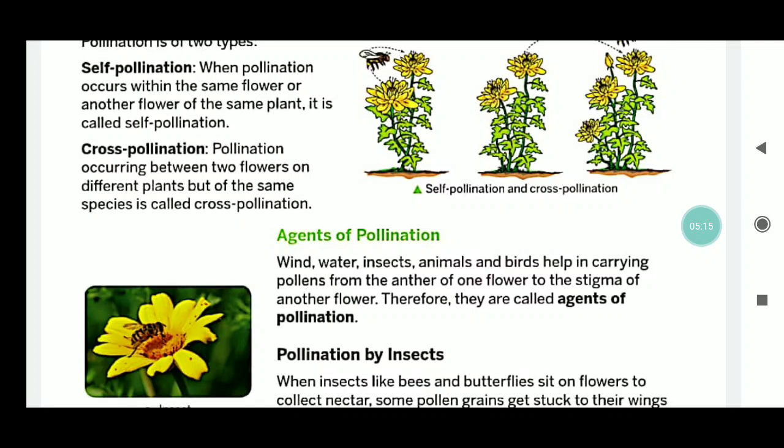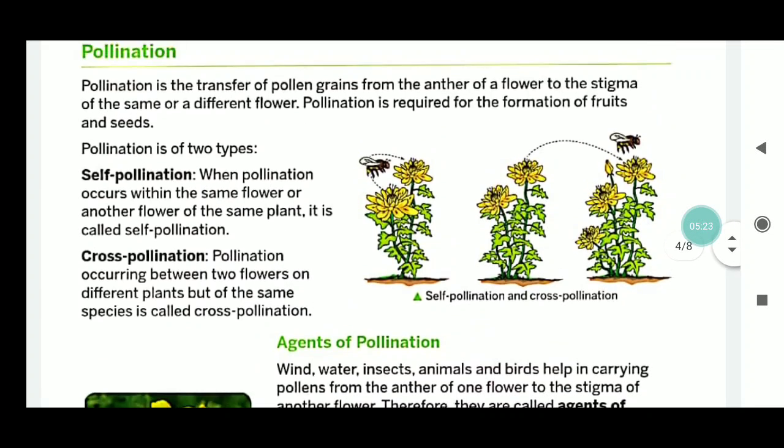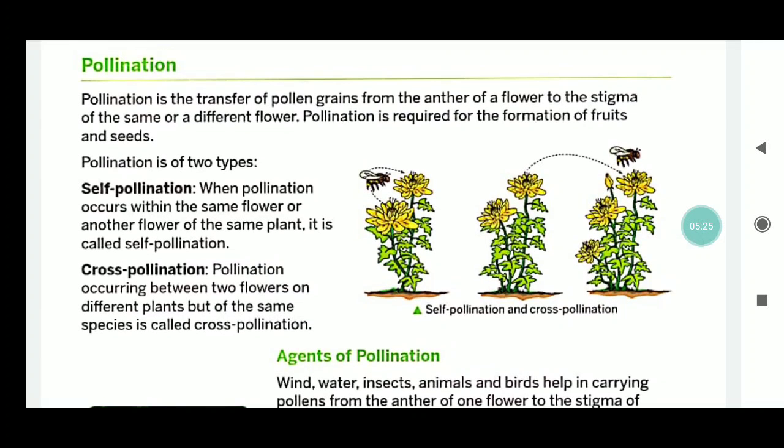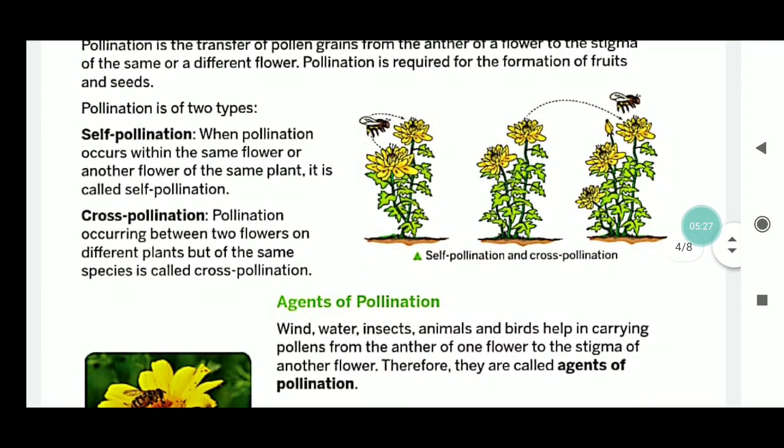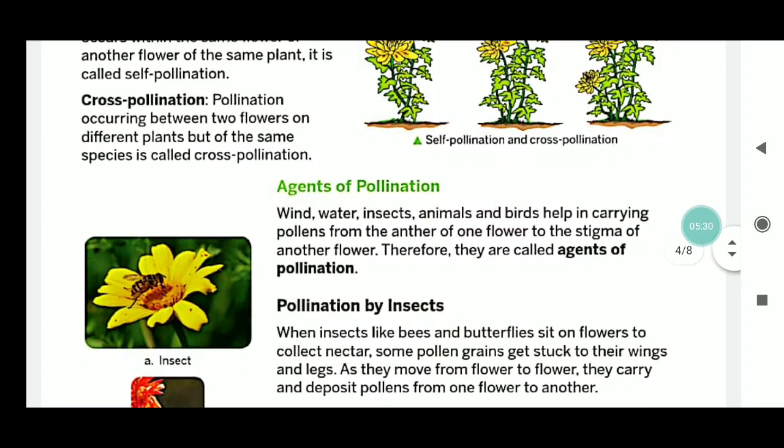So who will transfer these pollen grains to the stigma? Wind, water, insects, animals and birds help in carrying pollen grains from the anther of one flower to the stigma of another flower. Therefore, they are called agents of pollination.